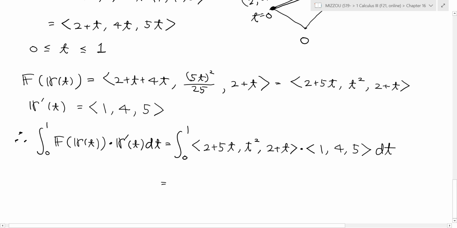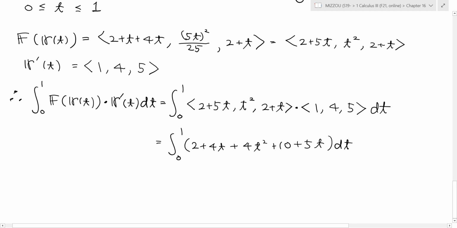And then this is the integral from 0 to 1 of 2 plus 4t plus 4t squared plus 10 plus 5t dt.